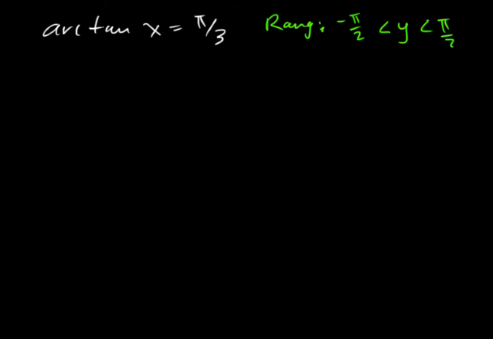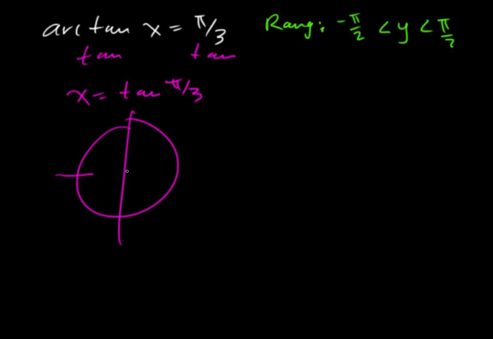Okay, now, since pi thirds is in between these, we can move on. Once we know that, we're going to take the tangent of both sides, and we're going to end up with x is equal to tangent pi thirds. Then we can draw a unit circle.